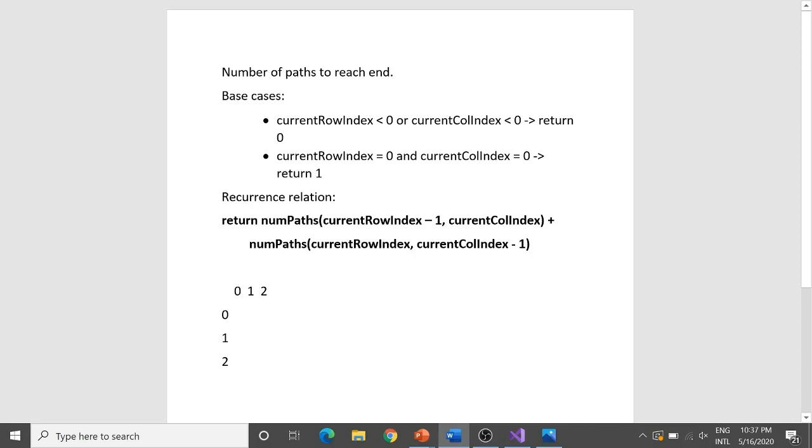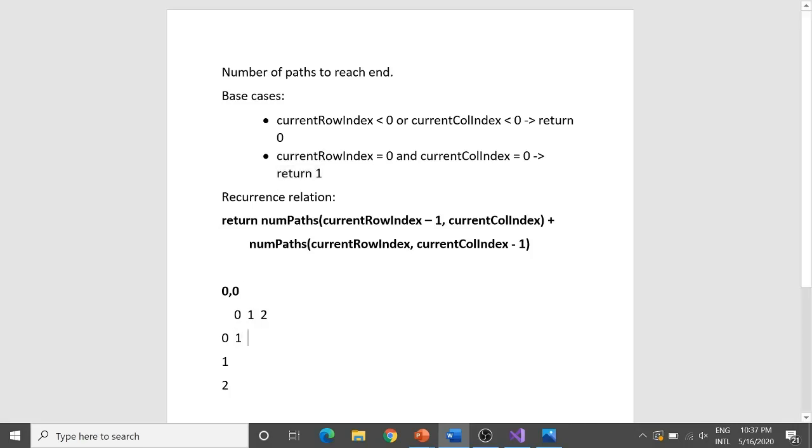It says that currently I am sitting at 0,0, so tell me the total number of ways to reach 0,0 from source. This is again a base case. What did we do over here? We returned 1. And why did we return 1? Because if I am currently sitting at 0,0 and ask the total number of ways to reach 0,0 from this node itself, it would always be 1.